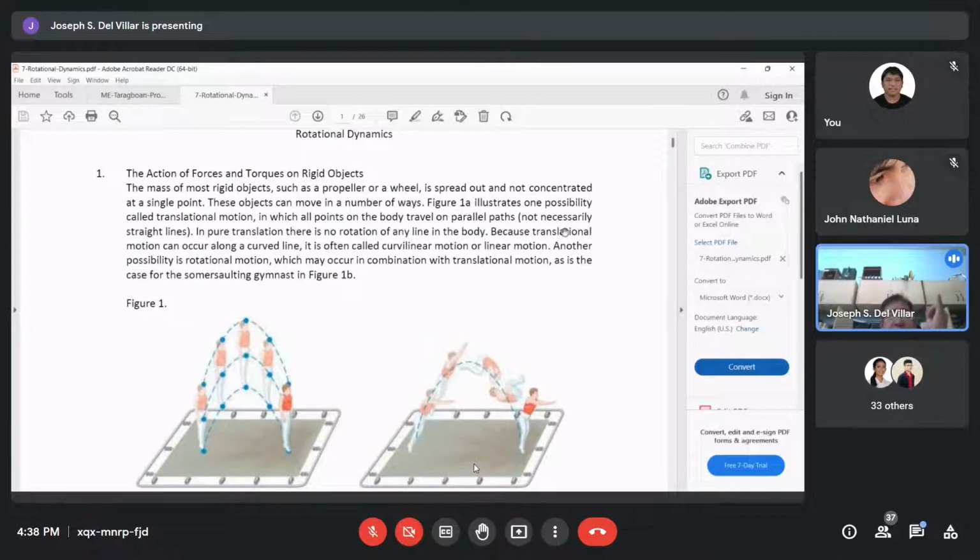So I want the problem, after the problem given, required, drawing, and then solution. Okay? And part of the solution will be the free body diagram.